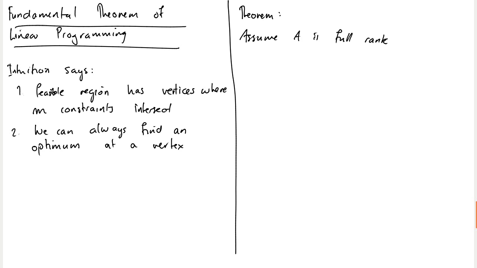The equivalent statement for standard form LPs is: if a feasible solution exists, then a basic feasible solution exists.